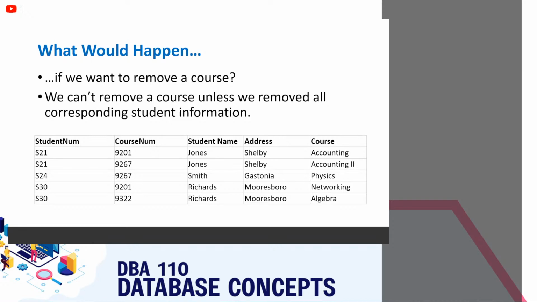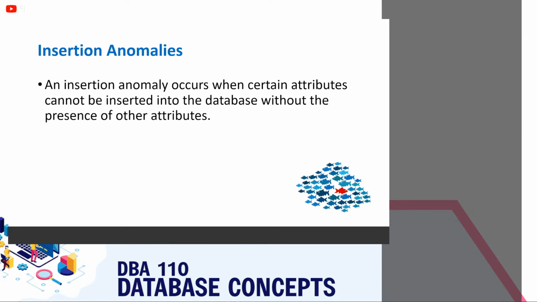Right, so that's a deletion anomaly. Let's talk about an insertion anomaly. An insertion anomaly only occurs when certain attributes cannot be inserted into the database without the presence of other attributes.